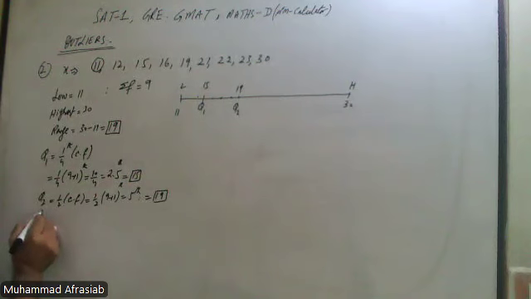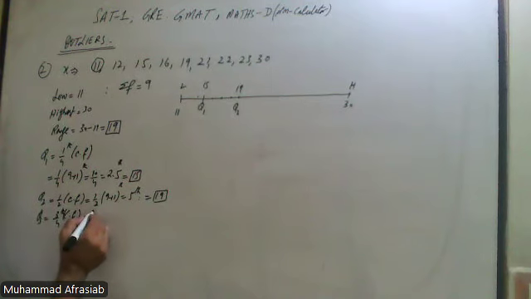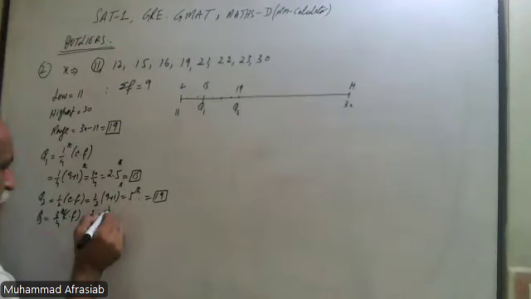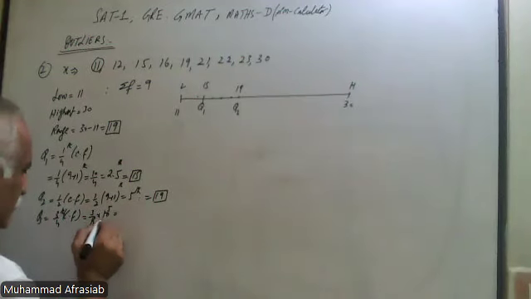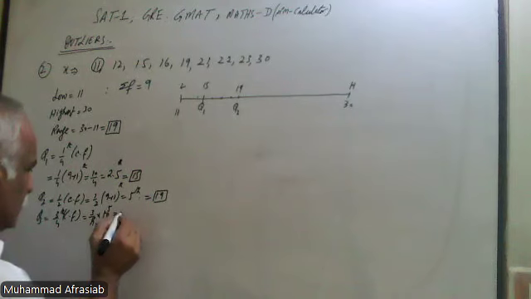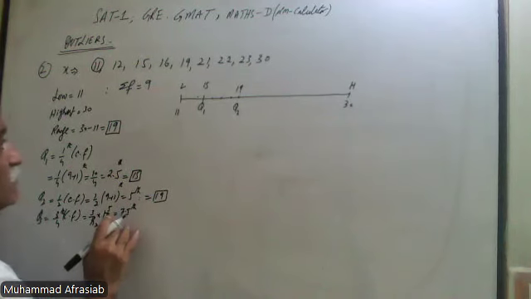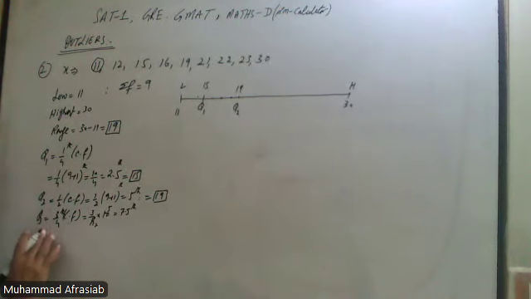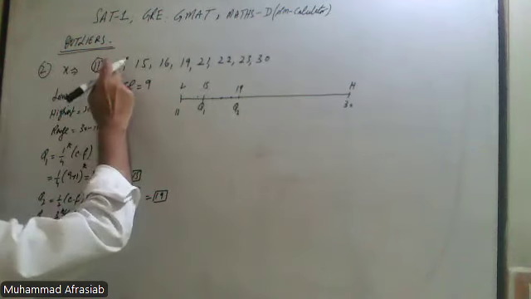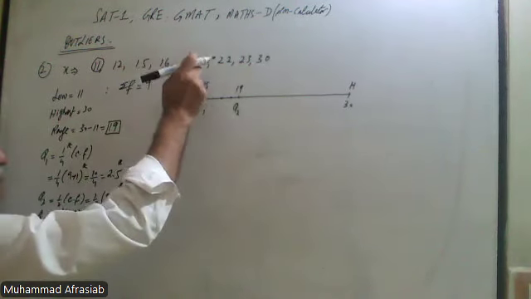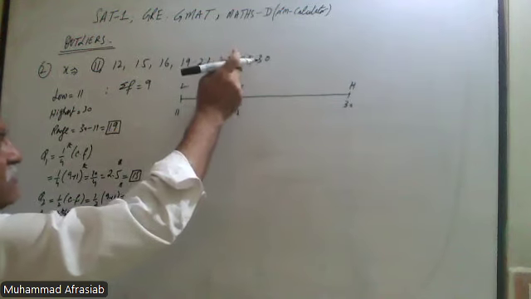And the upper quartile is 3/4 of that CF, which is 3/4 of 10, that is 7.5. So the eighth position is supposed to be the upper quartile. So 1, 2, 3, 4, 5, 6, 7, and 8.